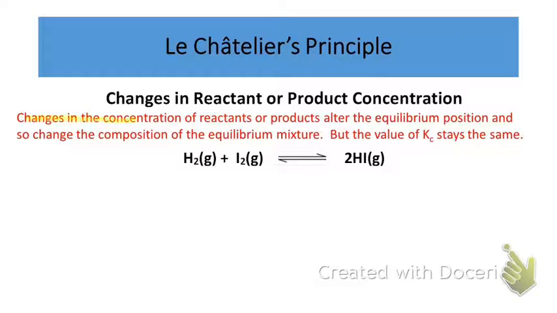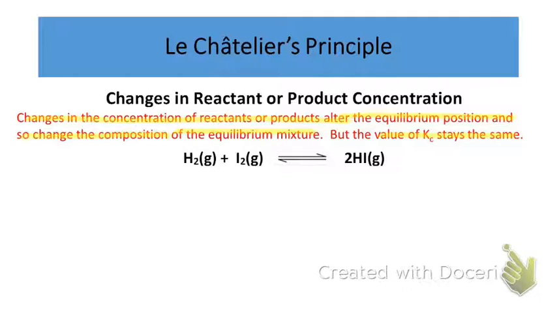The changes in concentration of the reactants and products alter the equilibrium position, and so change the composition. What we mean by composition is really the reactant and product concentrations of the equilibrium mixture. But even though we change the concentrations, this does not affect the value of Kc.